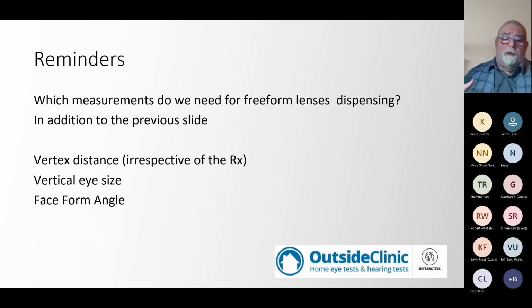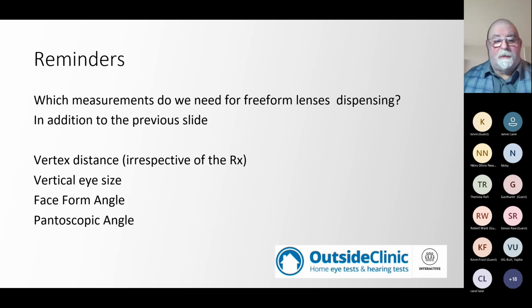And what we're going to do with the face form angle is we're going to fit the frame and then measure the angle. And we need the pantoscopic angle or the pantoscopic tilt, depending on what term you're used to using. So we need these little extra ones in order to make sure that we have got a freeform, tailor-made lens for the patient.